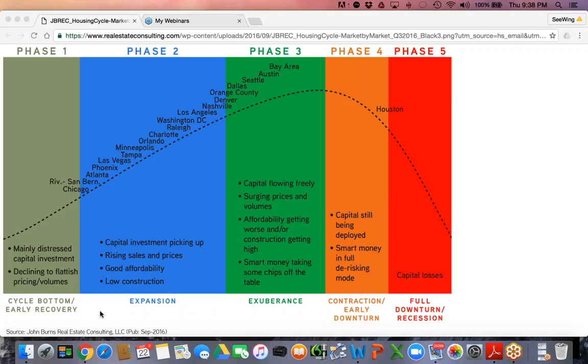Then, of course, in 2007, 2008, everything crashed down in California, in Arizona, specifically in Phoenix, Arizona, and in Las Vegas back in '06, '07, and of course, Florida as well. Those so-called trophy markets really crashed.